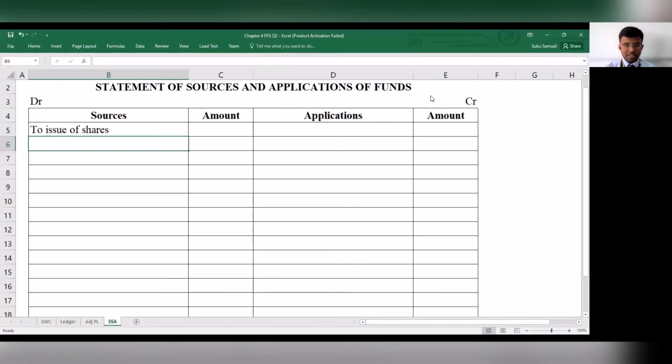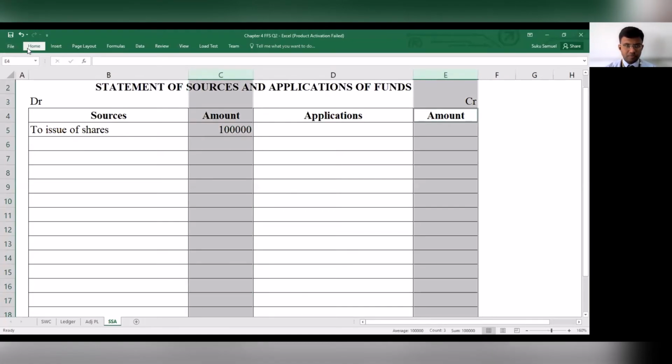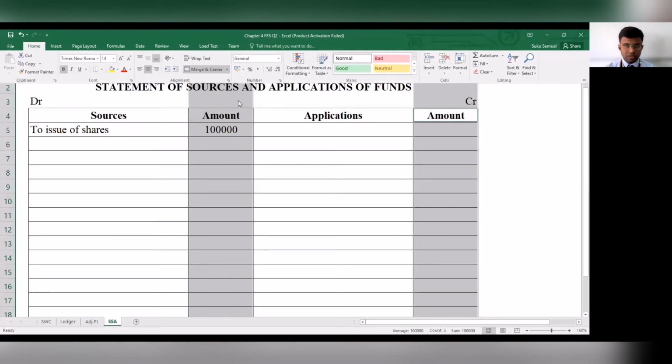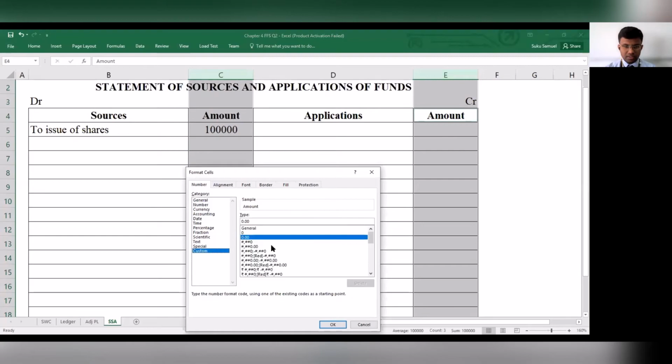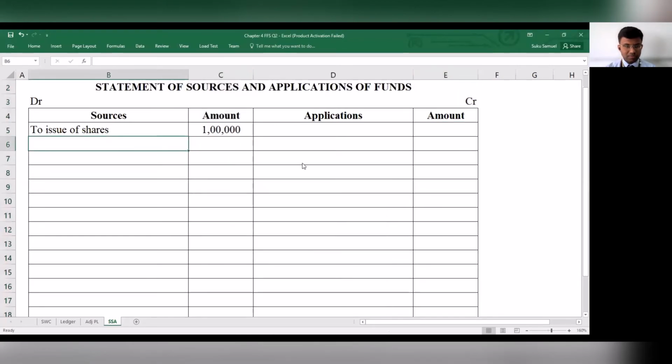Now that we are preparing the statement of sources and applications, let's quickly look at the balance sheet. We see that there is an issue of share worth 1 lakh, and that has been considered. Then we have to consider fixed assets.